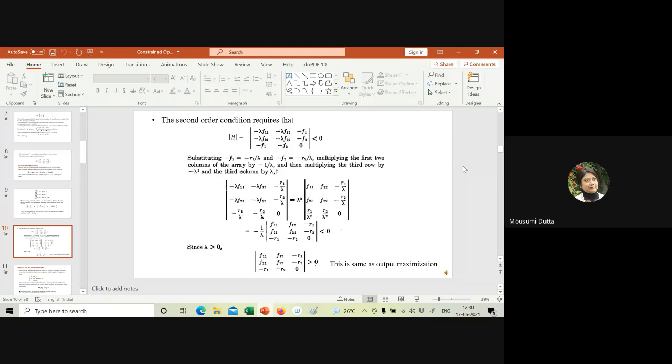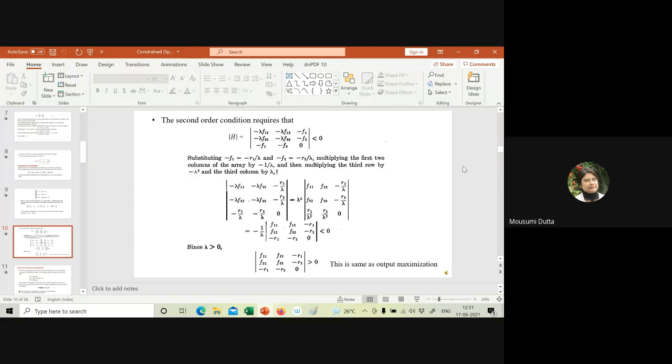Here, you can look at the problem from the angle of output maximization subject to a cost constraint, or alternatively, minimization of cost subject to an output constraint. You will get the same values of inputs. So there is no difference like we got in the earlier context, where one is Marshallian and another is Hicksian. Here the two input demands will be equivalent.